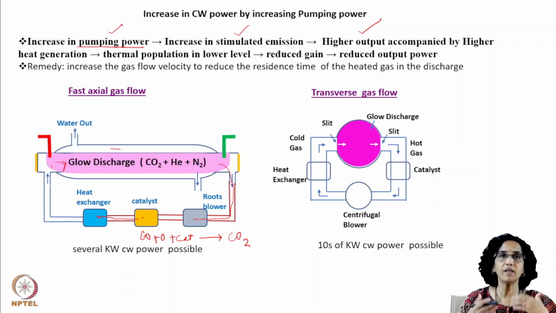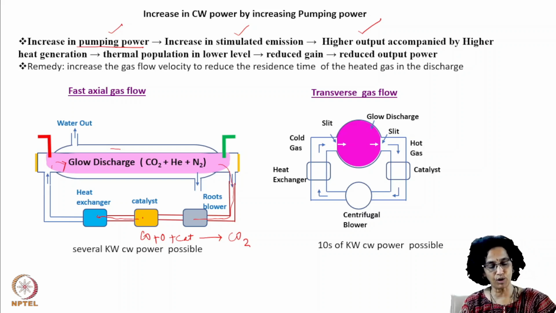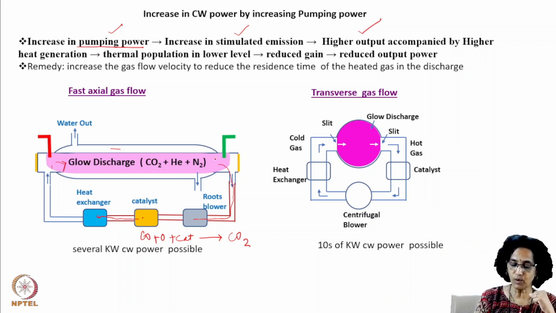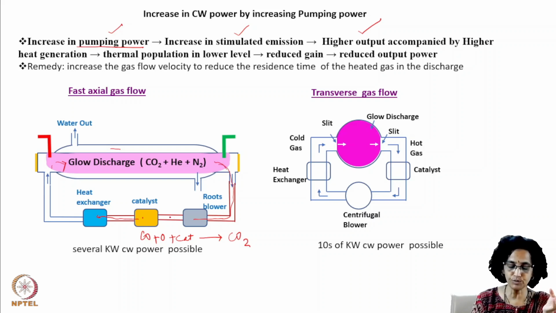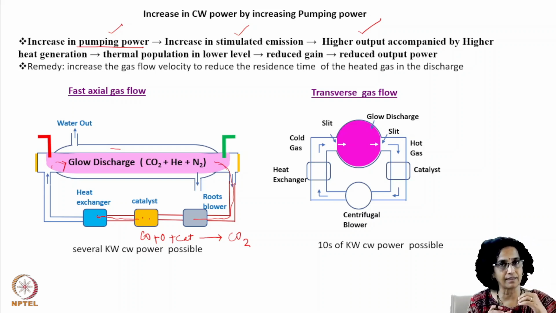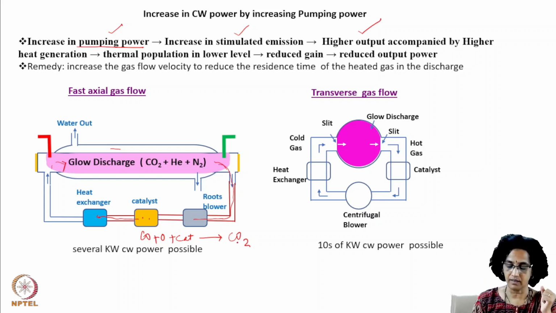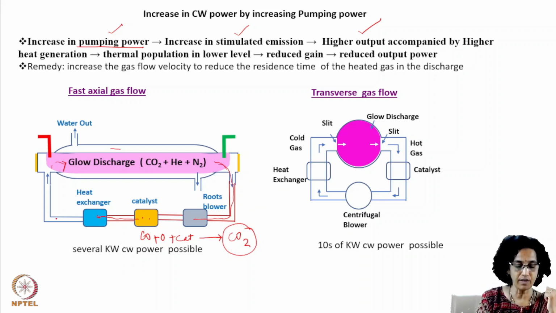But when you want to increase the power and dump in more energy and get more output, you are forced to actually remove the gas, make it go through the catalyst, see that the gas is decontaminated, the CO2 is reformed, and then it goes through the heat exchanger where the heat is removed, the gas is cooled, and it is once again made to flow through.